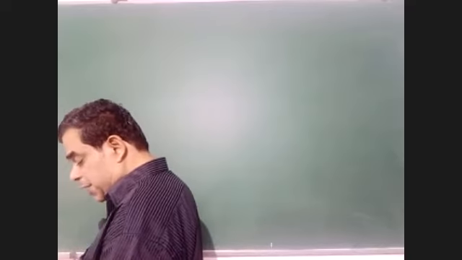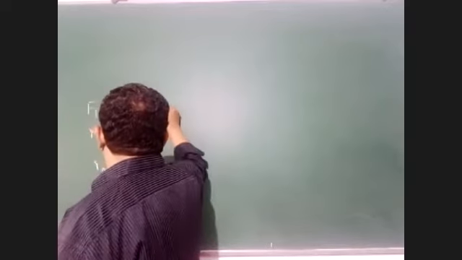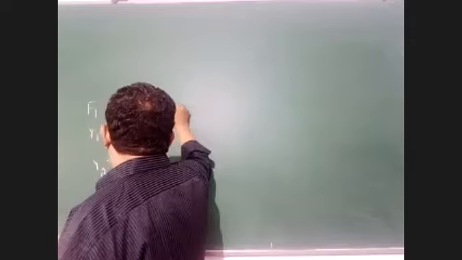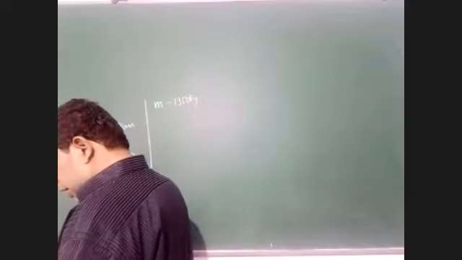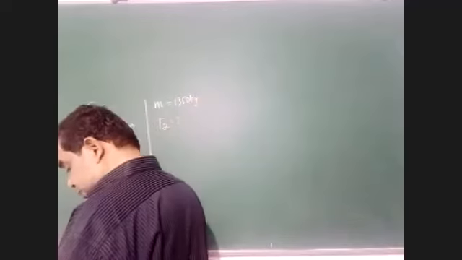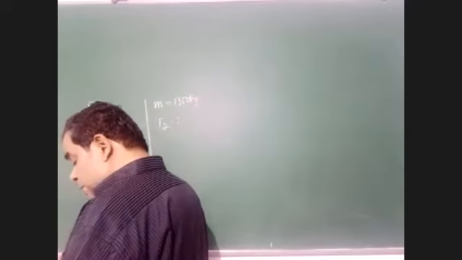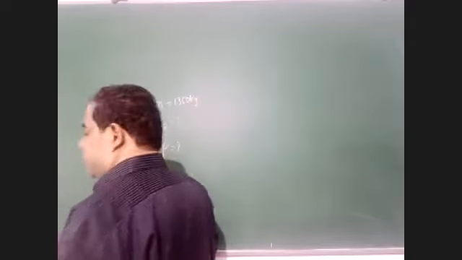If the mass of the car to be lifted, that means mass M2, is 1350 kg, calculate F2, the force required. What is the pressure necessary to accomplish this? P to be calculated.